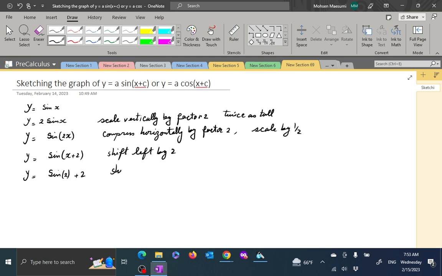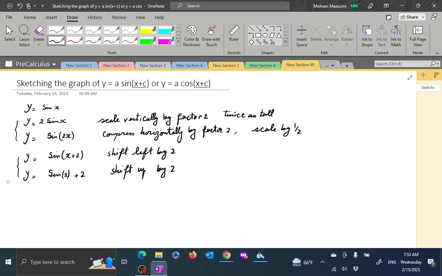This was shift up by 2. So we had to recognize the difference between these types of transformations. These two are scaling, where the graph stretches or shrinks, and these two are shifts. The graph goes up or down or left or right.